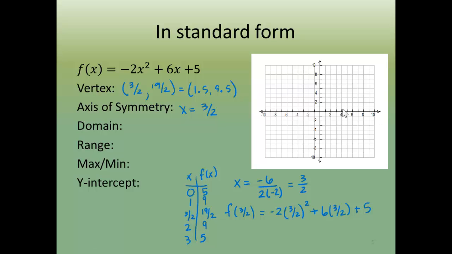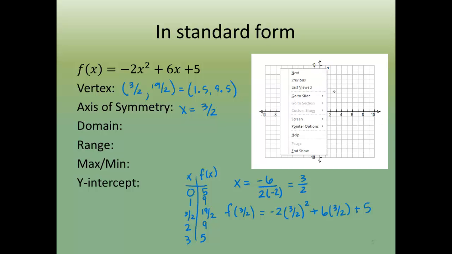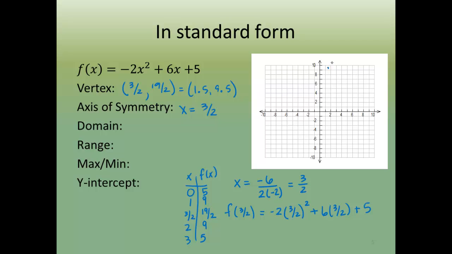Okay, and here's our table, and we had some really nice values once we were able to move beyond the vertex. Let's go ahead and plot those points. Okay, really nice graph there.